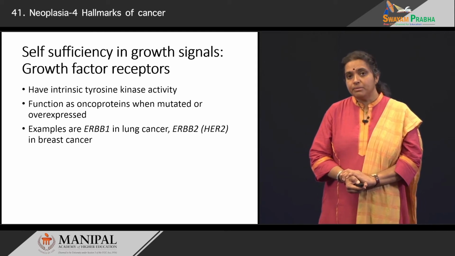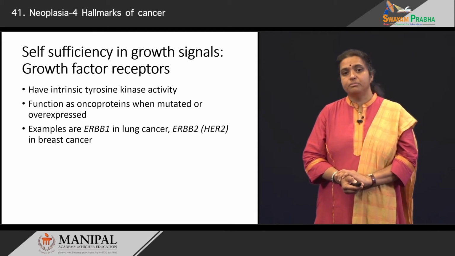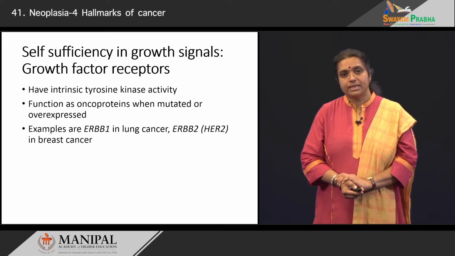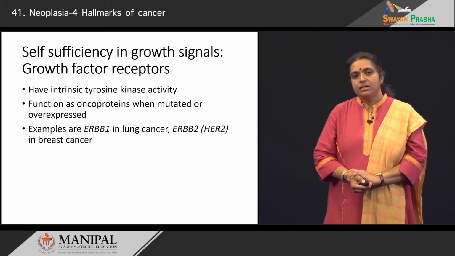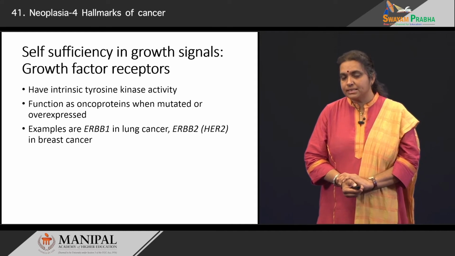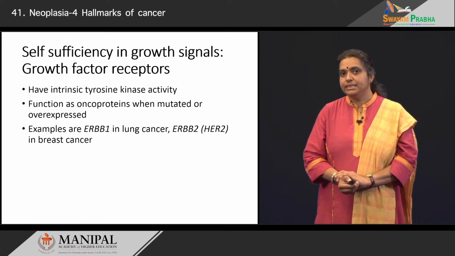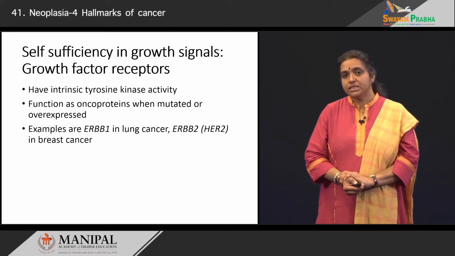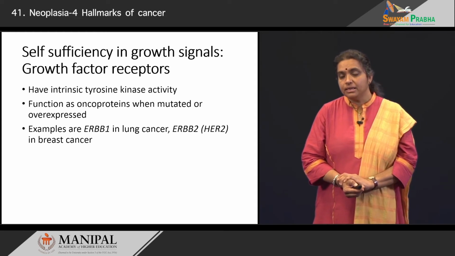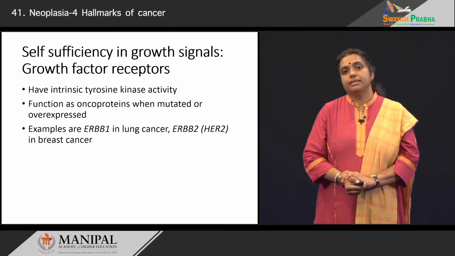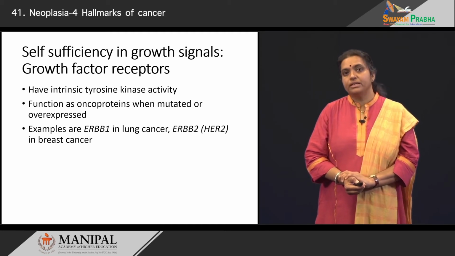So, there are examples where growth factor receptors are mutated, such as ERB1 or EGFR in lung cancer, and HER2 is overexpressed in breast cancer. Now, the knowledge of this is very important because we now have drugs that can target these growth factor receptors. For example, EGFR mutations are known in adenocarcinomas of the lung, and today we have drugs against the EGFR receptor that can be used to treat patients with adenocarcinoma of the lung.